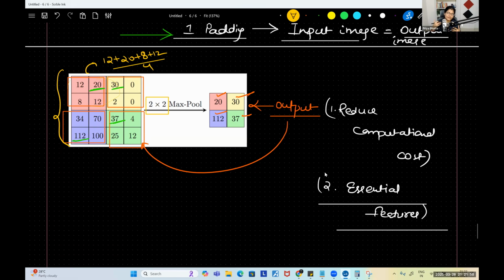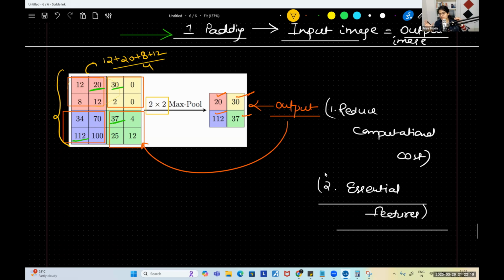Similarly, we have different ways to do pooling, but multiple times, max pooling is the most frequently used way to reduce the computational cost and to get the essential features. Will that be okay?